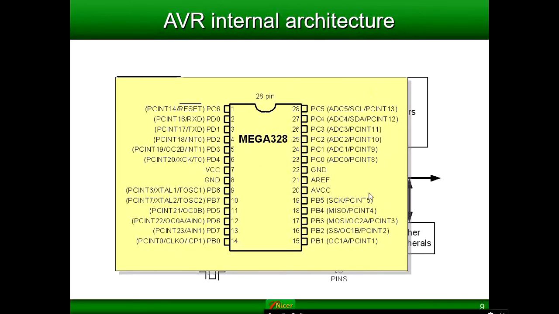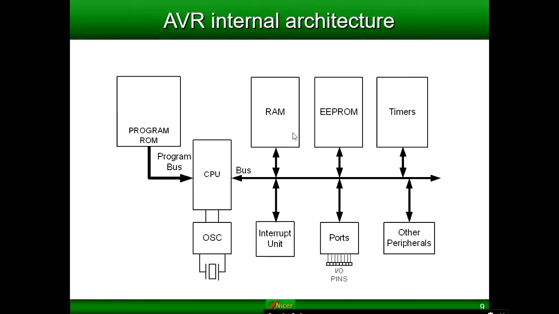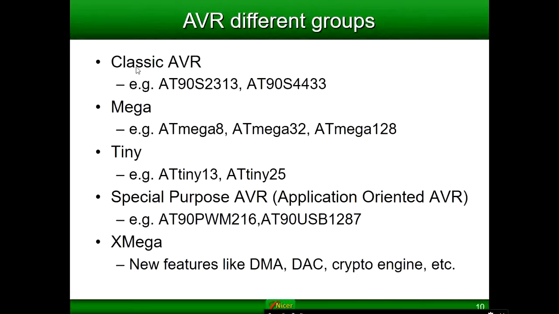We can also get all of our information from its data sheets: ground, VCC, and all other ports. So these are some groups of AVR microcontrollers: mega group, tiny group, special purpose AVR, XMega.